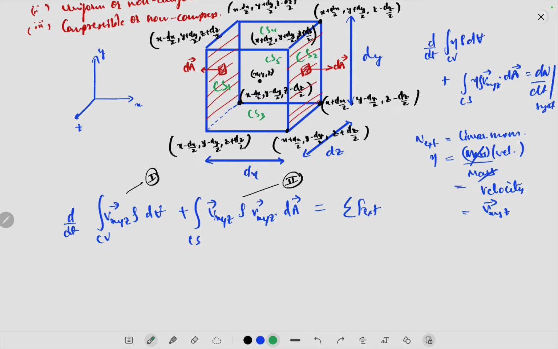I'm not writing it, but keep in mind that that is CS6. And let's just remove the CS5 also, so that the image looks clean.